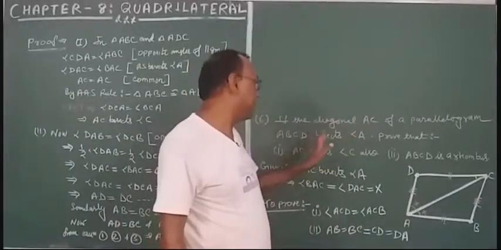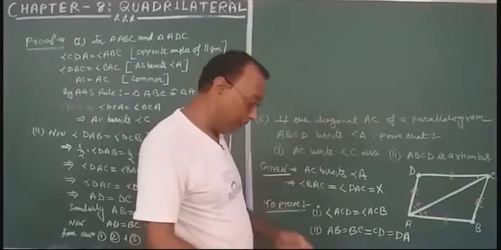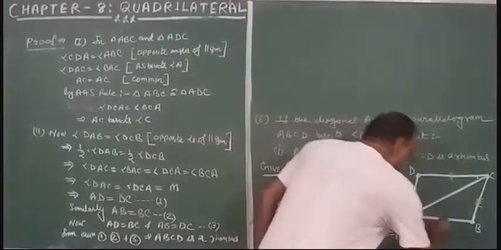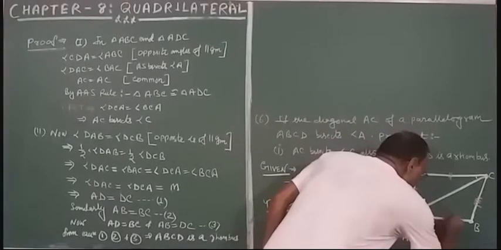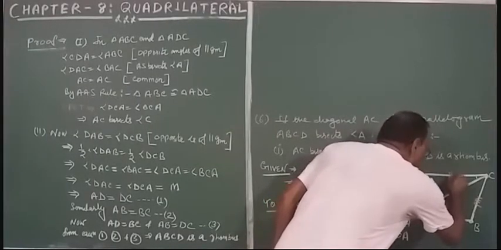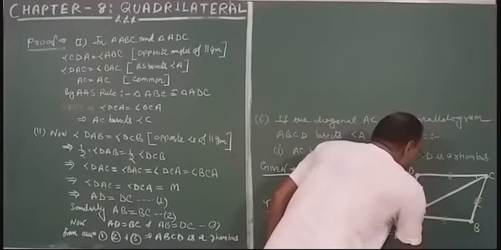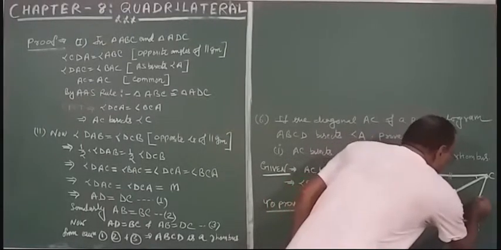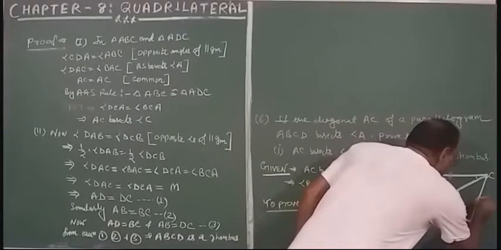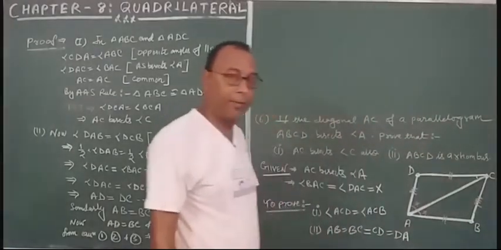ABCD is a parallelogram. It means its opposite sides will be equal. That is, AB is equal to DC, and AD will be equal to BC. This is the first thing.